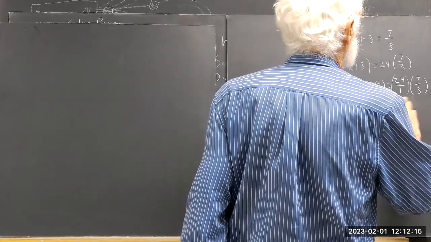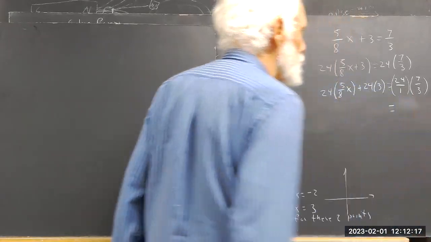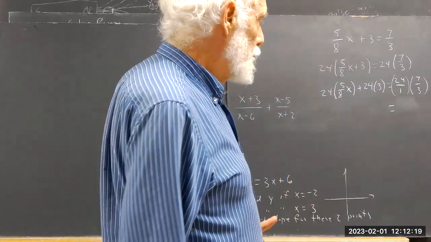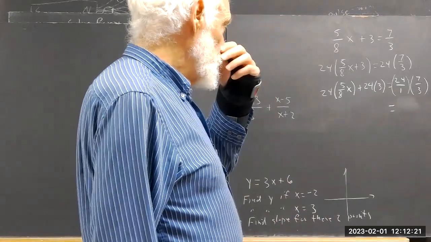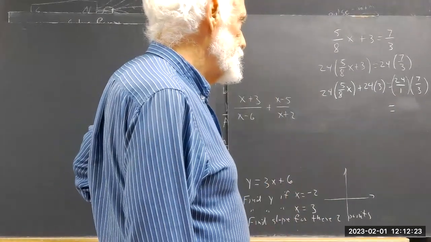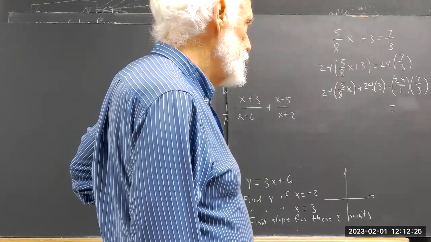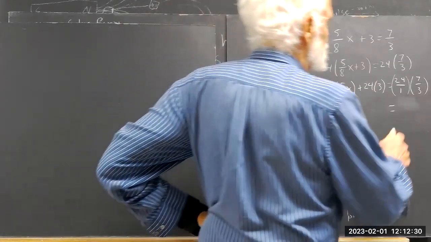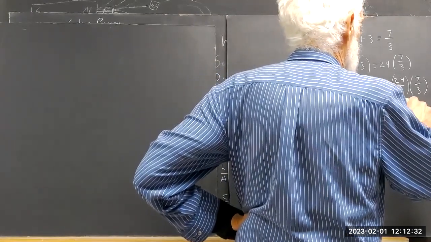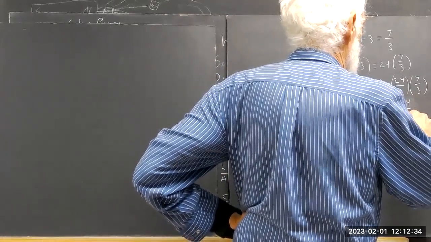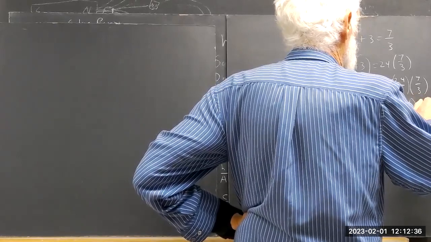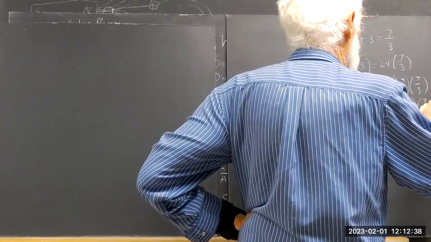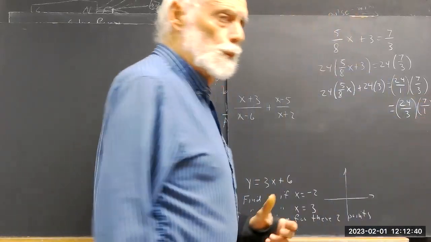Well, we would get 168 over 3. But what really happens is, this is the same as 24 over 3 times 7 over 1, isn't it?